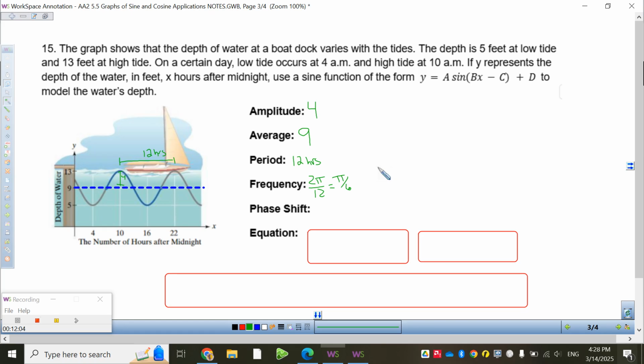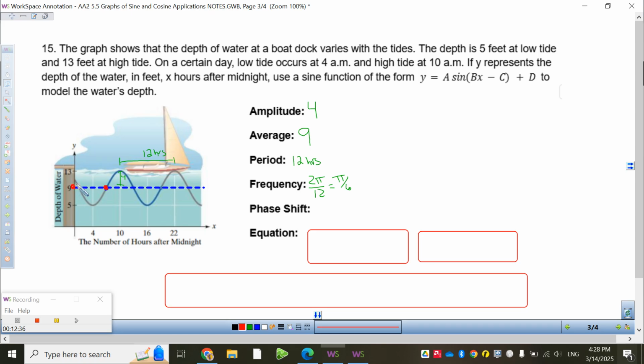Now the phase shift is always a little bit tricky, and because this middle part was highlighted, we're going to use sine as our trig function for this, and I'd like us to consider this starting point here. So we're going to look at this point right here. Let me use a different color, and I want us to think about how far it's been shifted from 0 hours.